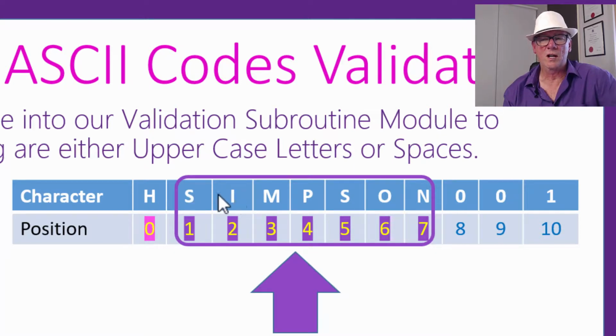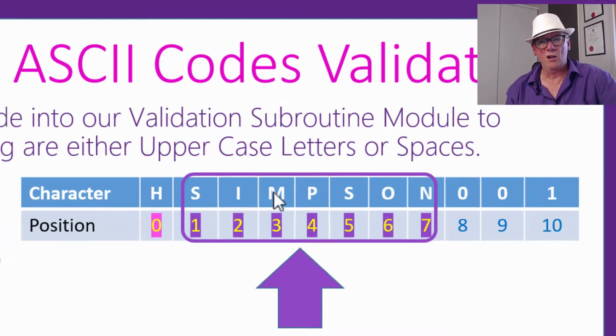Substring, position 2 for a length of 1, because we can only check one box at a time. Is that a letter or a space? Else if, let's move on, substring, position 3, comma for a length of 1, because we just want to do that box. So that's going to end up some really long code.